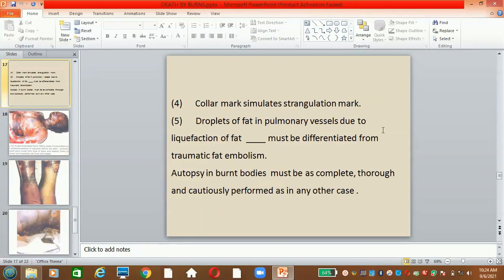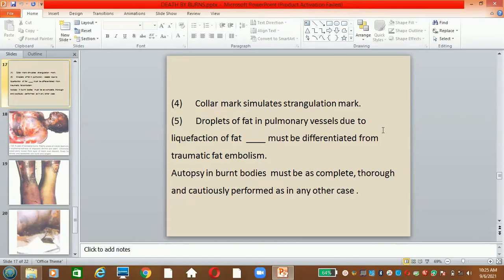Another artifact can be if the cloth on the neck is there and it is intact. It is not affected by the fire. You remove this cloth, piece of shirt, piece of collar of the shirt from the neck, and you find some normal tissue there.